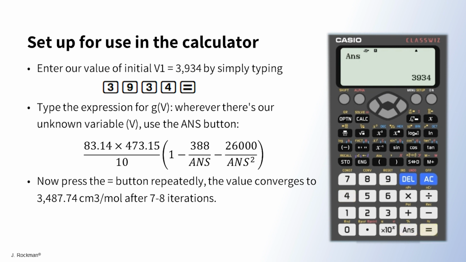Now type the expression for g of V and put the answer value ANS wherever V, our unknown variable, appears, including any mathematical operations performed on V. So we have 83.14 times 473.15 divided by 10 multiplied by brackets 1 minus 388 divided by answer minus 26,000 divided by answer squared, close brackets.